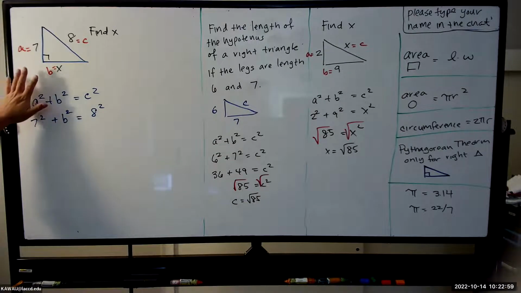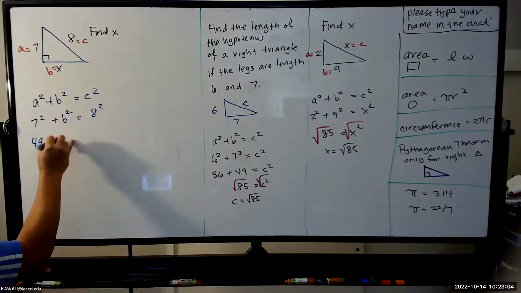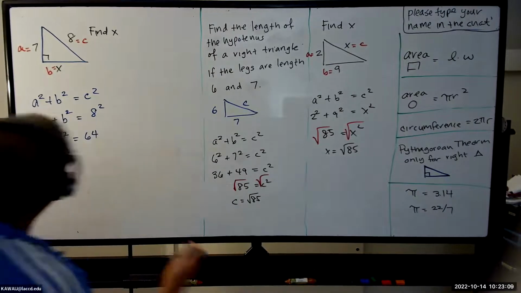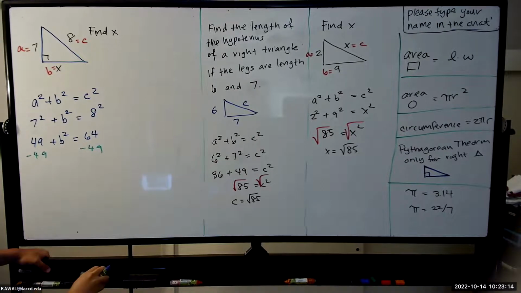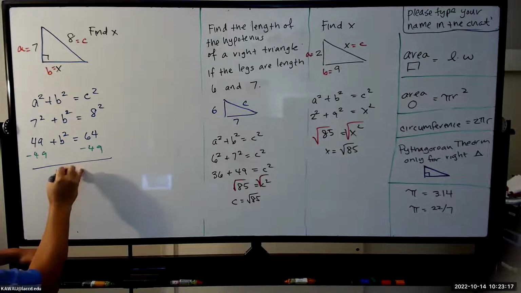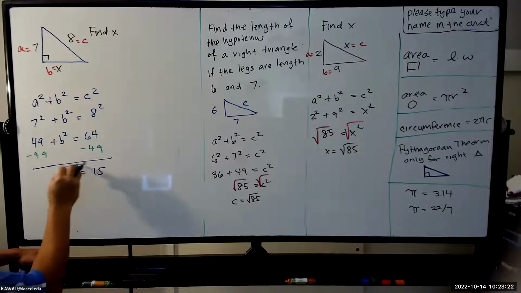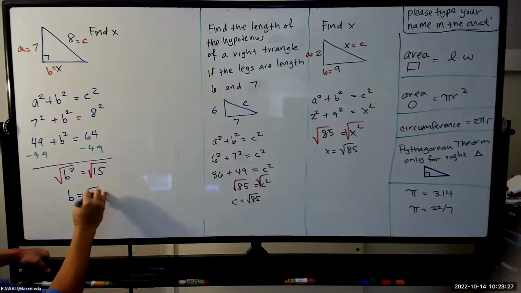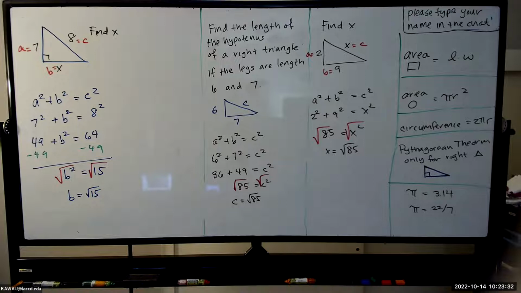So that's the one you have to be careful about. Usually this is the one students mess up. So we go 49. Okay. And then let's subtract the 49 from both sides. So we get B squared is equal to 15. And then let's square root both sides. Like that.